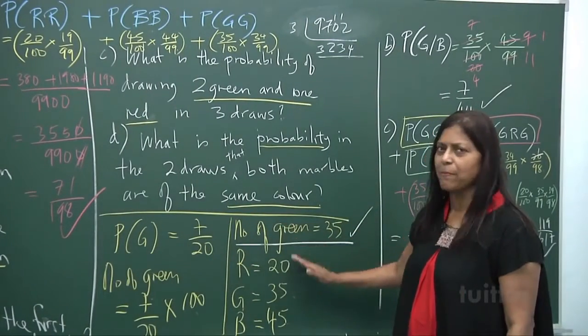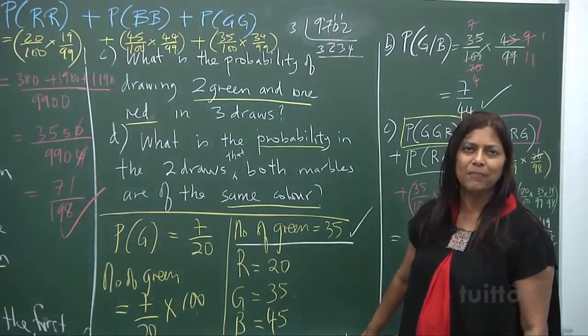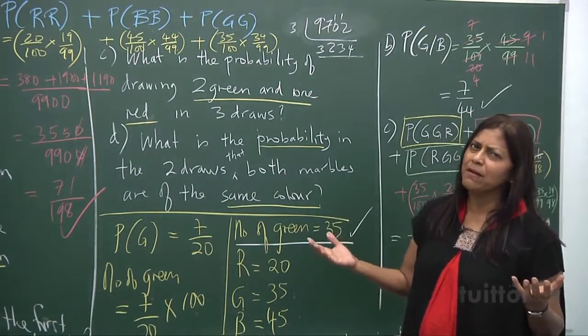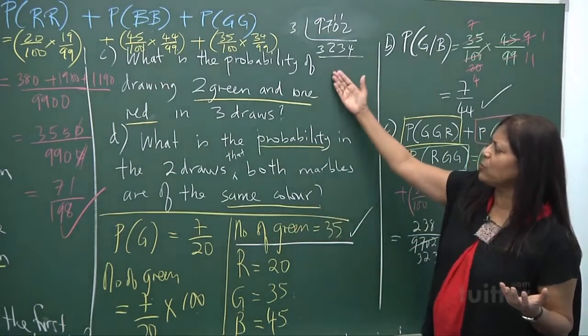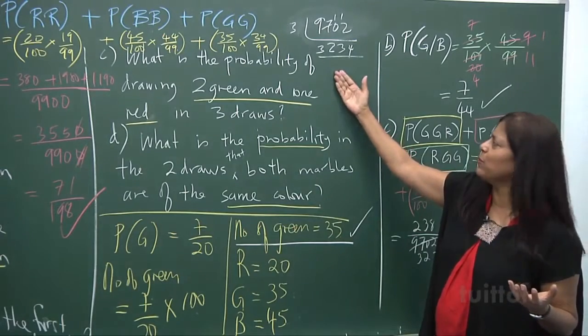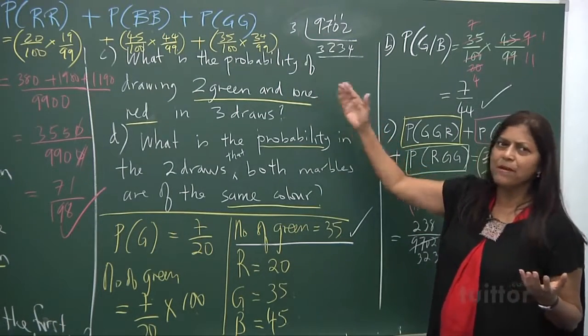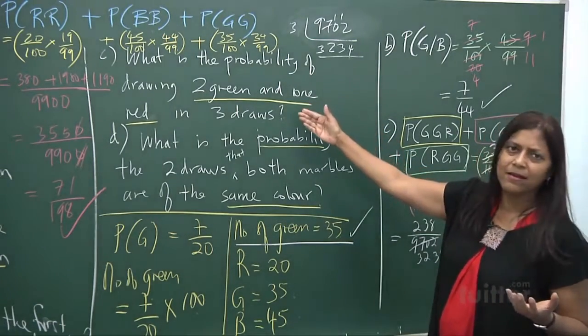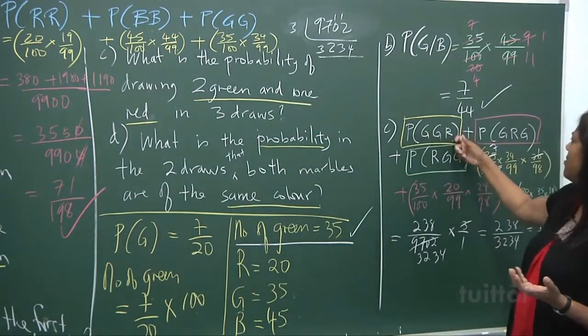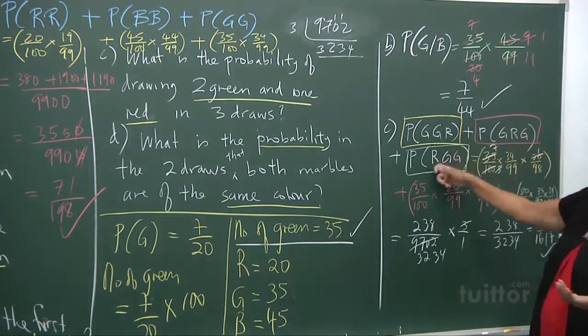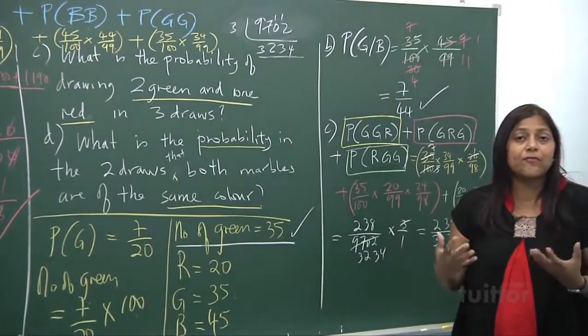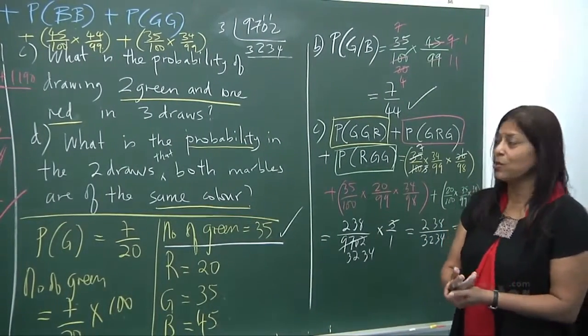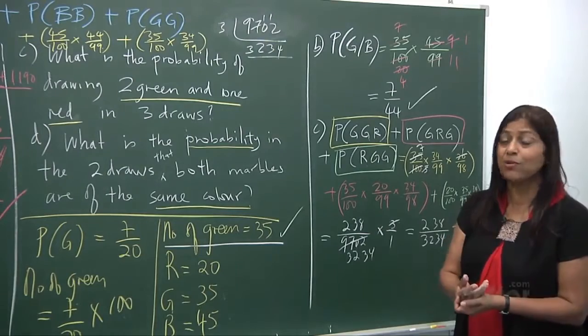Look at the way the answers are presented in a systematic way. And then you want to find the probability of getting 2 green and 1 red. Sorry, green and red. So you put green, green, red, green, red, green, red, green, green. Write out the different options. Or you can use a probability tree.